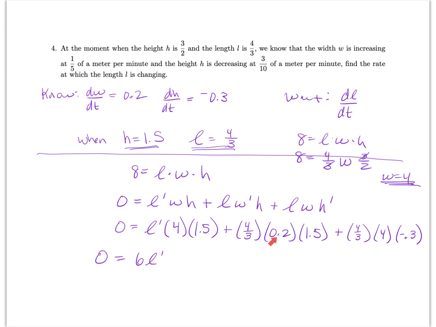And then now I just have a bunch of arithmetic with fractions here. So 0.2 times 1.5 would be 0.3. 4/3 times 3/10 would be 4/10. Okay, and then these multiplied together, I have a negative here, so I'm putting a subtraction sign.